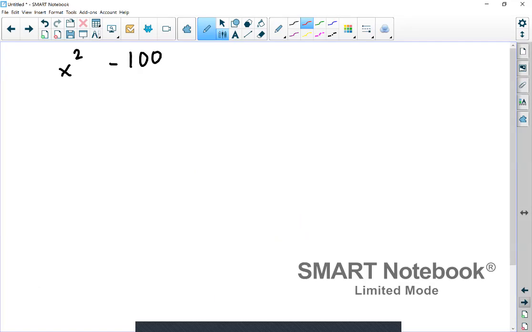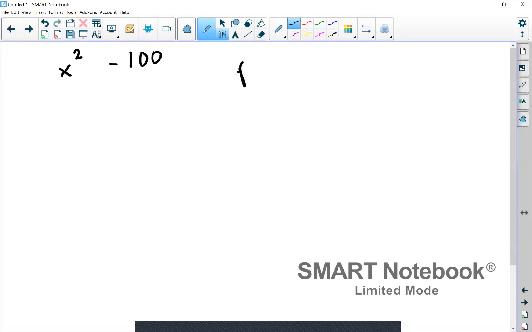x squared minus 100. So first, D, difference. Are these two terms being subtracted? Yes, there's an x squared and minus 100. So now, are they perfect squares? Well, the trick is with exponents.